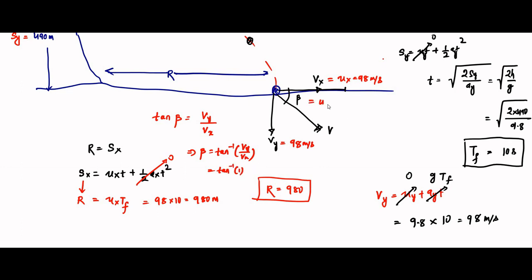Beta is equal to 45 degree. Okay, so here we have calculated the horizontal range and the angle with which the projectile strikes the ground. So beta is equal to 45 degree, the angle with which the projectile strikes the ground.